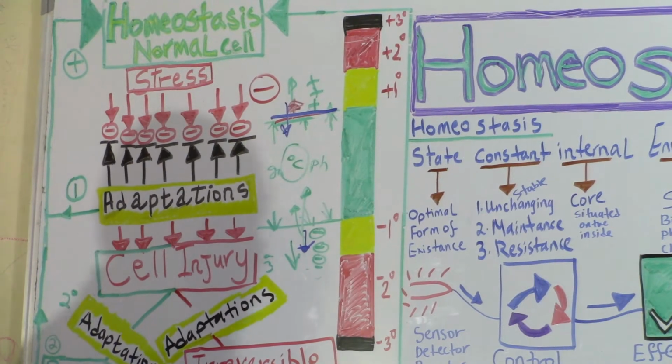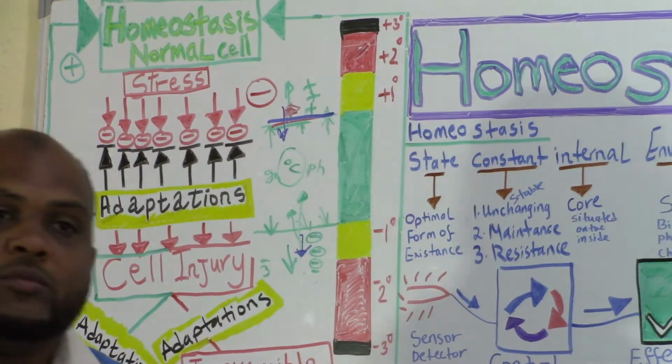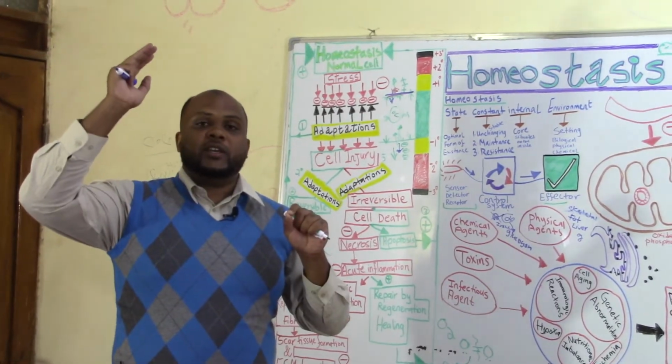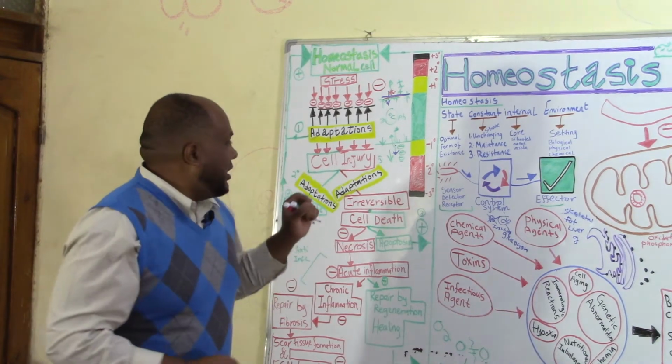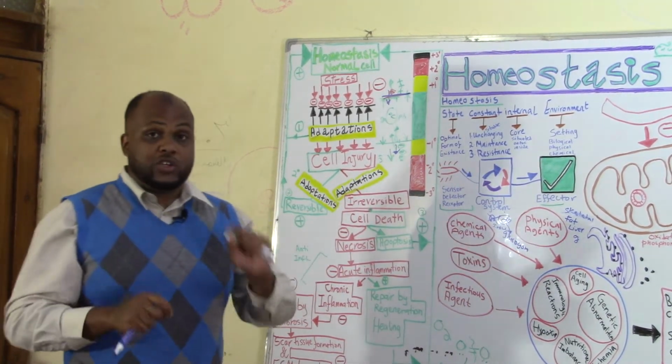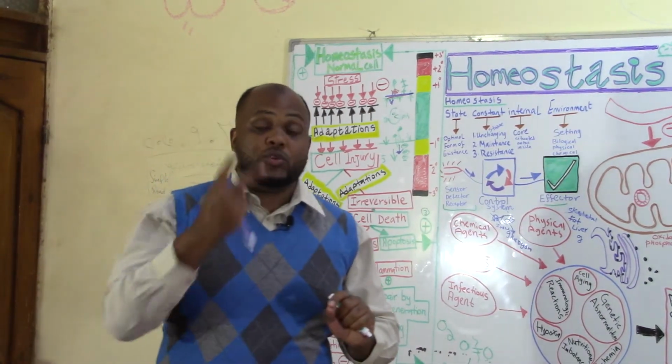So here we saw two different mechanisms where there is a sensation that there is a disturbance in homeostasis, whether an increase or a decrease, and then a control center detected that variable. By the way, there are control centers that regulate more than one variable.